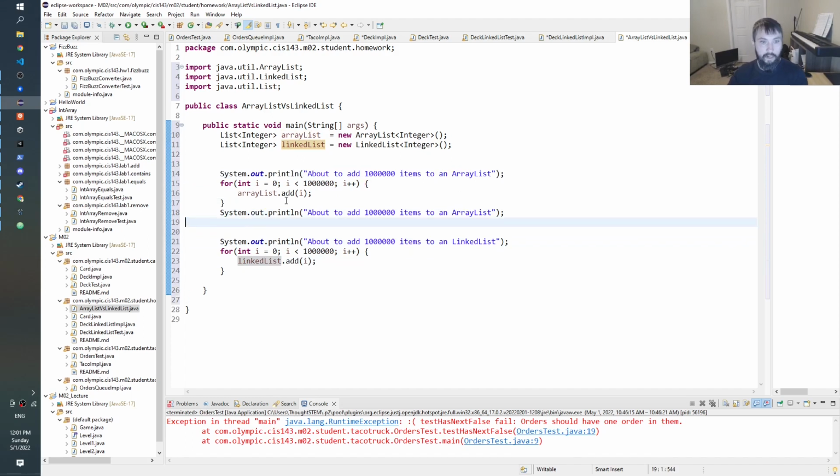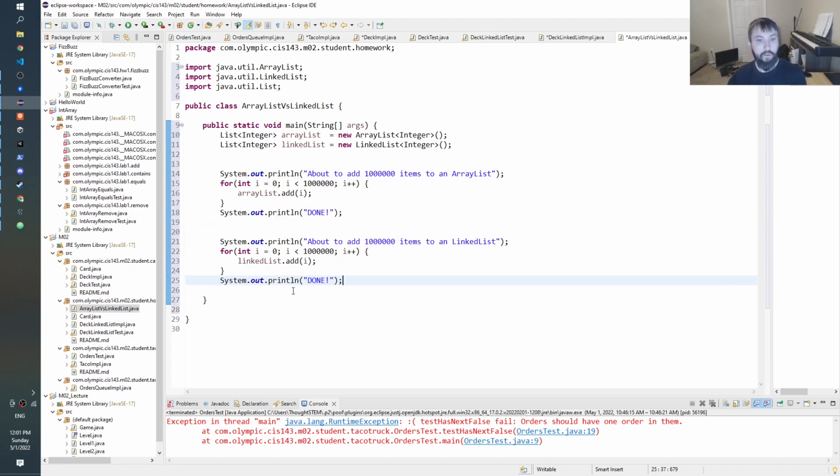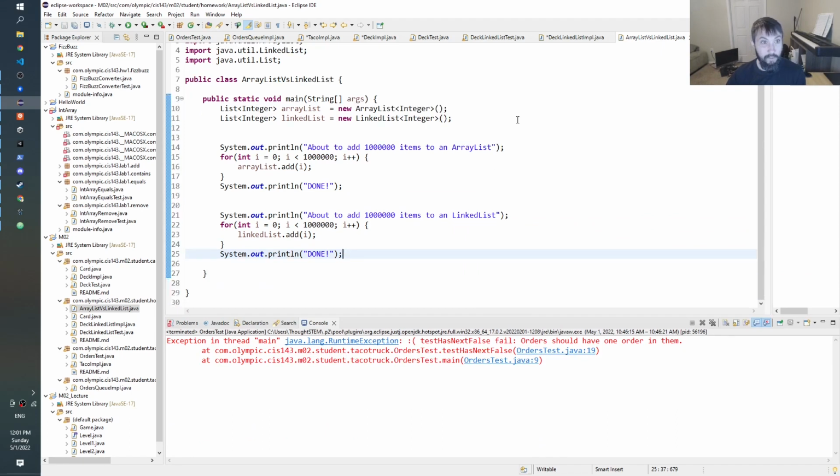And then right when this one is done, let's print out done just so we know when it finished. And same thing, when this one is done, we'll print out done. Well, let's run it. Let's see if adding a million items is enough to detect the difference between the performance of these two data structures. I'm actually not sure if it will be. We might have to make the number bigger, but let's find out.